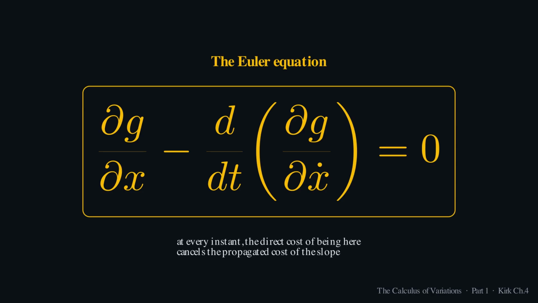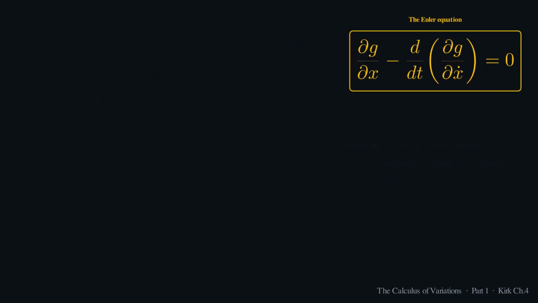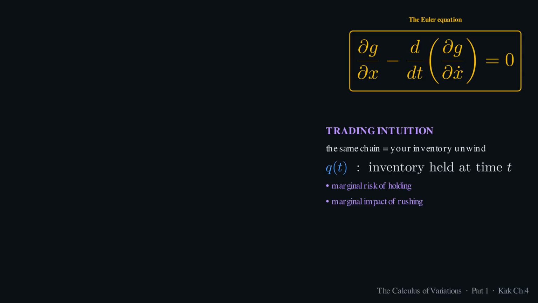It isn't a formula to memorize, it's a statement of equilibrium. At every moment, the direct cost of being where you are exactly cancels the cost your motion passes downstream. Underneath, it's a second order differential equation for the best path, fixed at both ends. But the meaning is the balance.